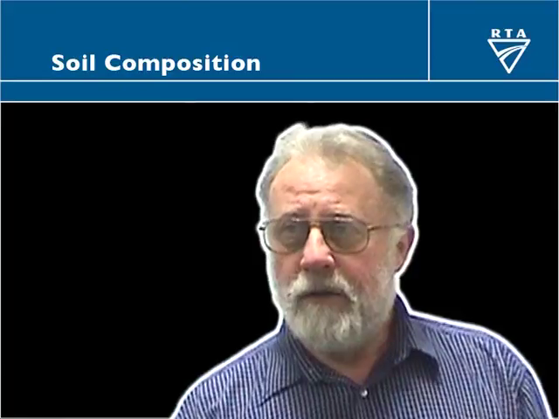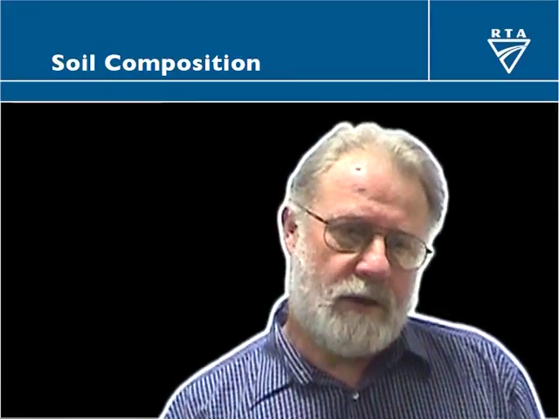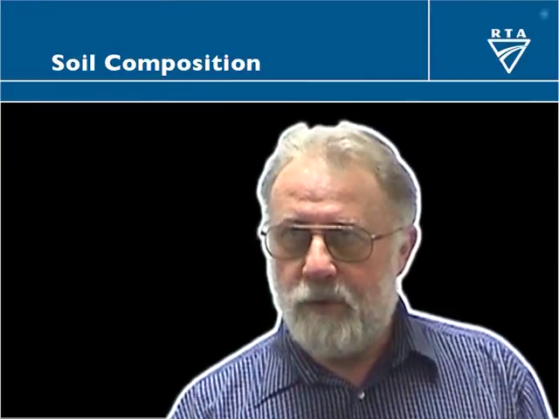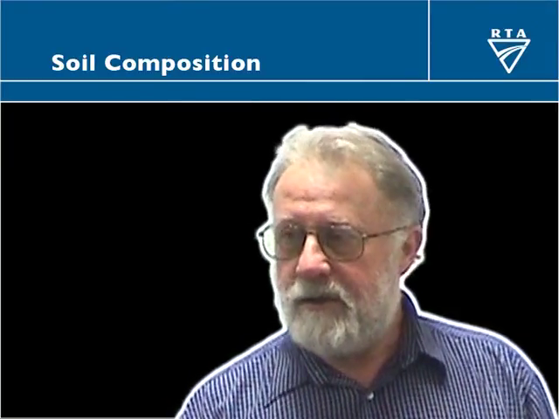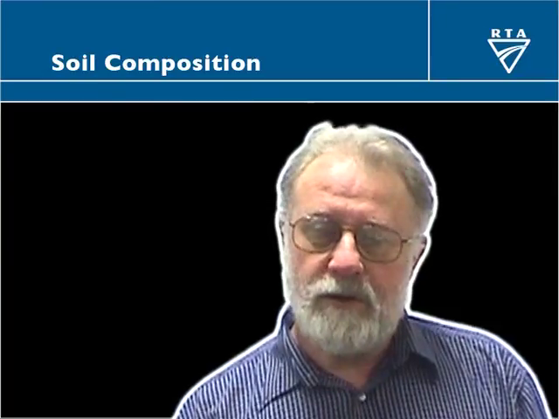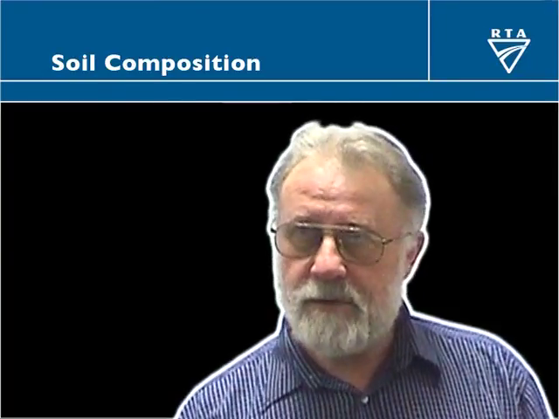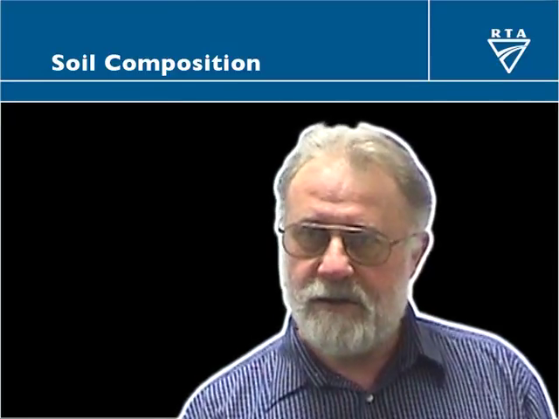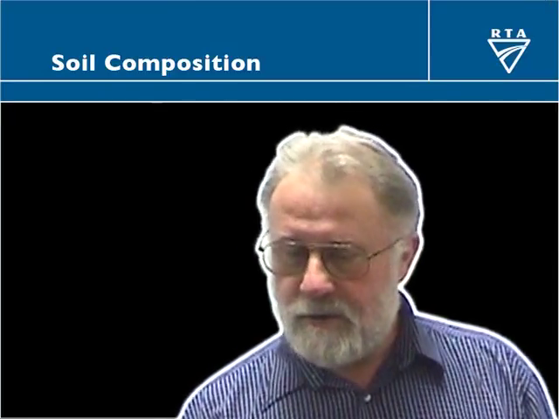Now, for our purposes, everything we compact is referred to as a soil. Now, the way we use that term in engineering is a little different to the way it would be used in common speech. So it covers not only what we normally think of as soils, it covers weathered rocks, covers crushed rocks, even covers rock fill.